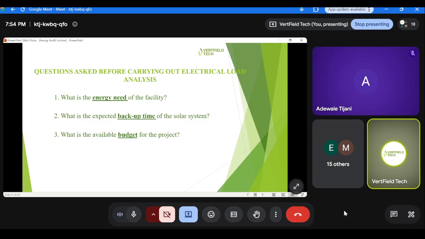So dealing with all of these things at once, you will get to see that, okay, Madam Miriam needs this, this is what she can afford, and then you can go ahead with that system installation. So that is what you are expected to ask: the energy need, the backup time, and the budget.